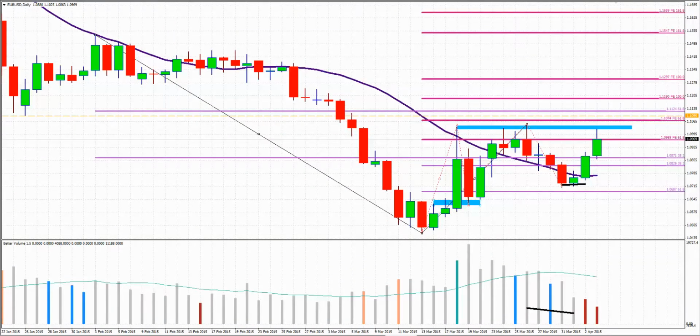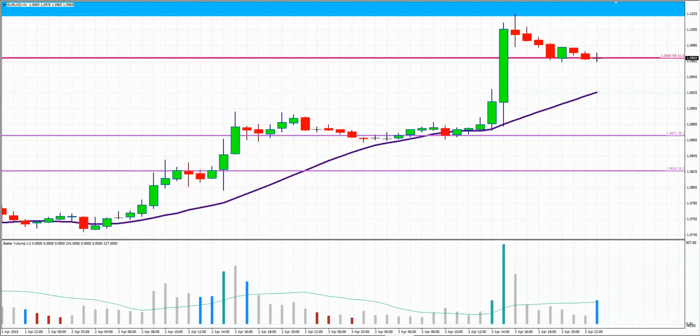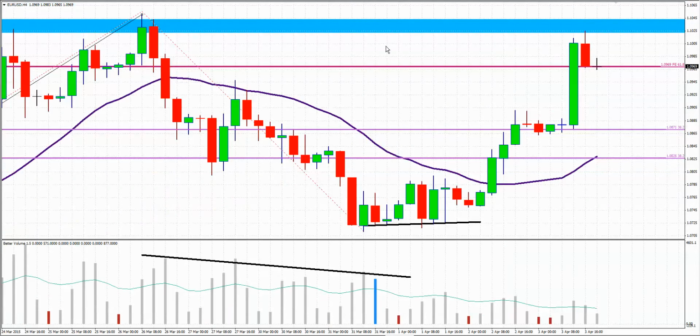If the price changes behavior again on the 4-hour and 1-hour, watch for potential selling opportunities. So far, we are pretty bullish on the USD, but sitting on the major resistance here.